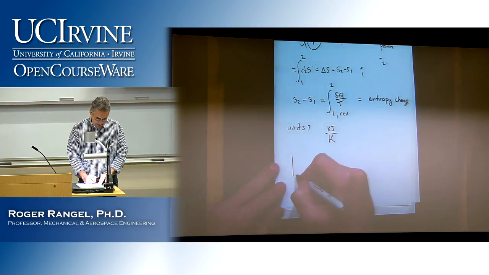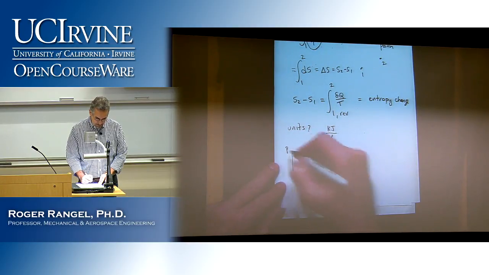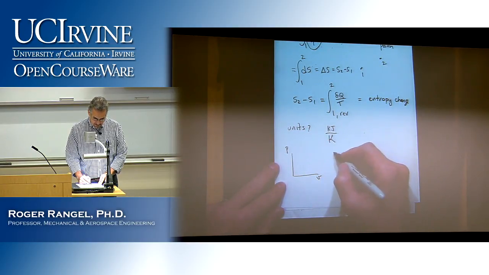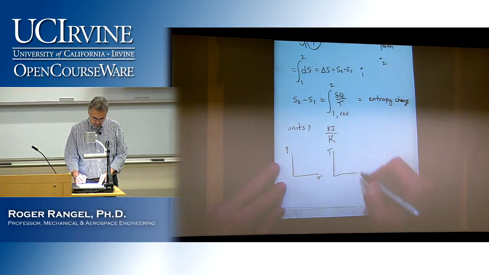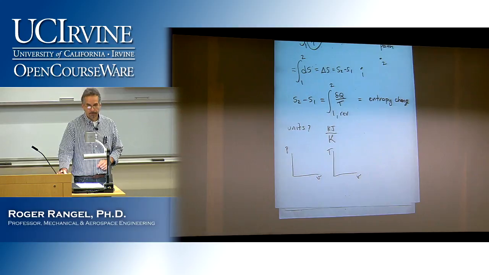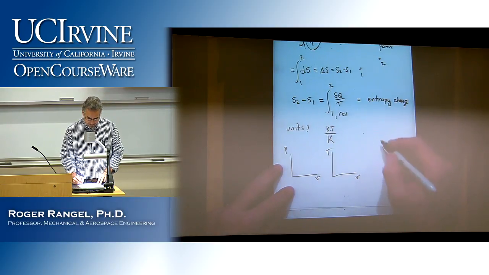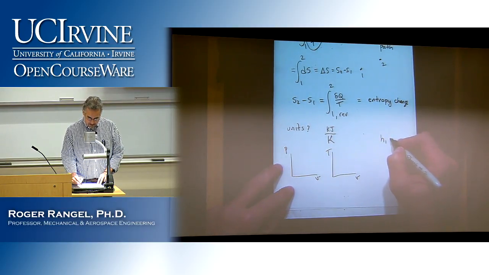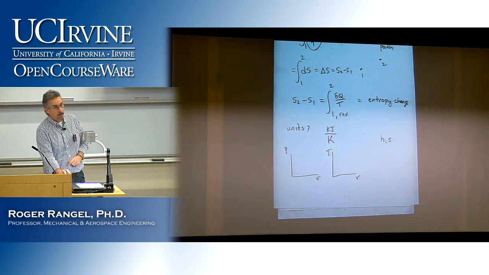So the ones that we started working with at the very beginning of the course, PV, TV, those are the ones that we have used the most so far. Now we have two new properties. One came out earlier, which was enthalpy. And of course, now we have entropy.